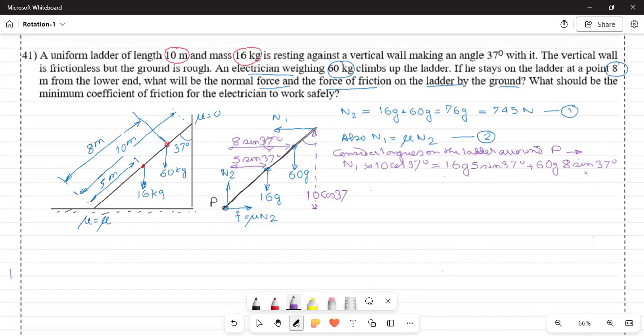So this is the equation of two balanced torques, right?